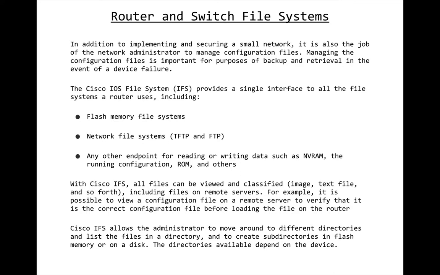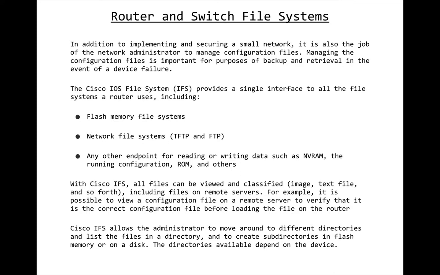And then there are other file systems within the routers and switches that you can read and write, which are the NVRAM, the running configuration file, read-only memory, and some of the ones that we talked about before. Now, on most file systems, you have a concept of, this is a text file, this is an executable file, this is a binary file, that type of thing.